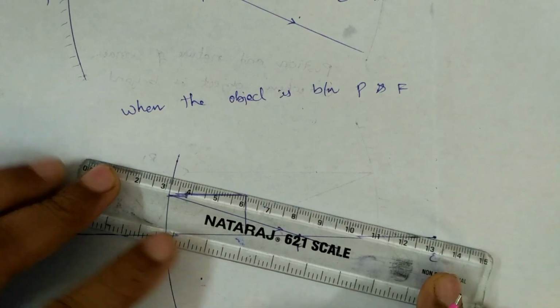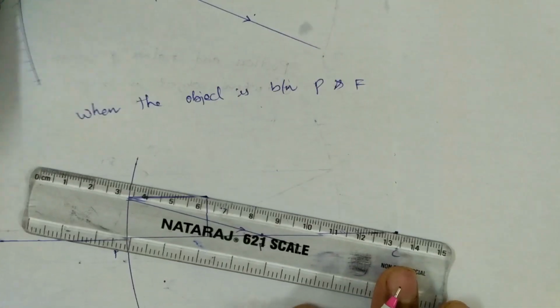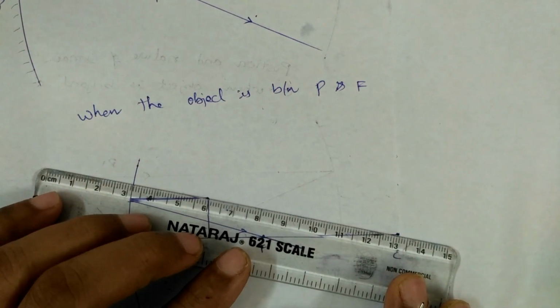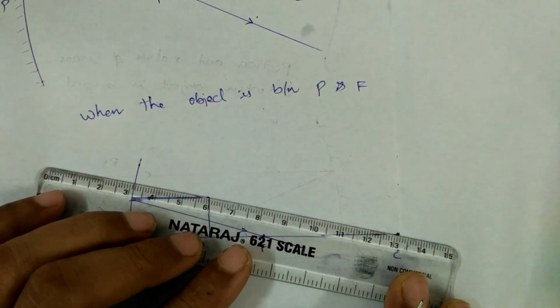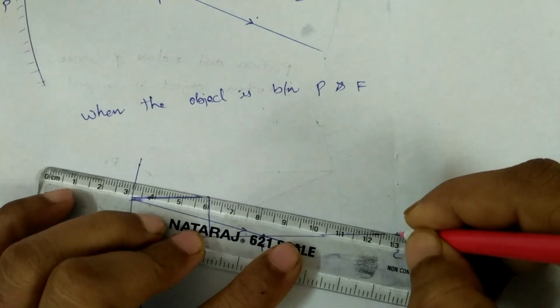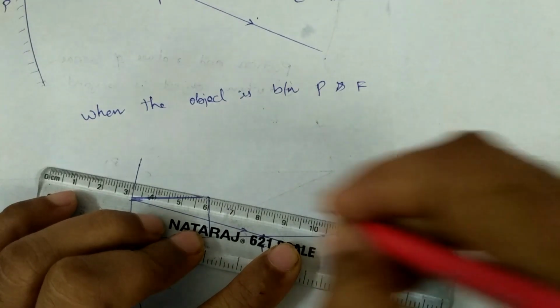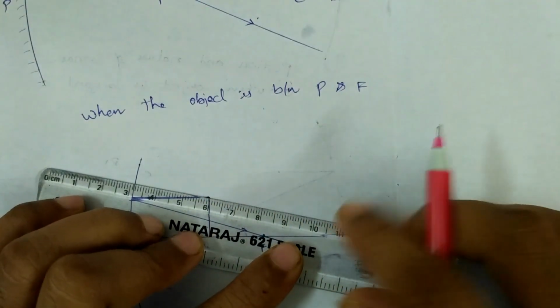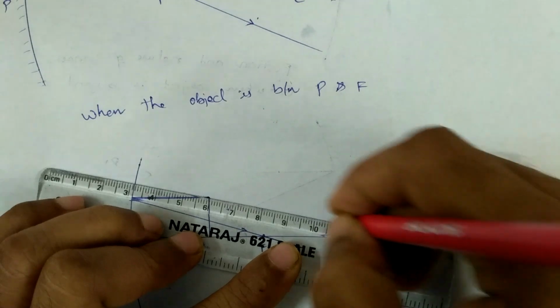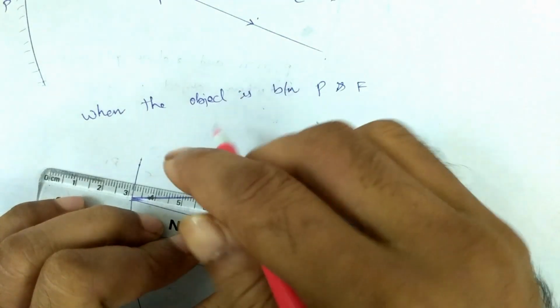Now take another ray through C. What do you do? At the top of the object, I'll draw a line passing through the top of the object and C. First of all, it should even meet the mirror. Right.